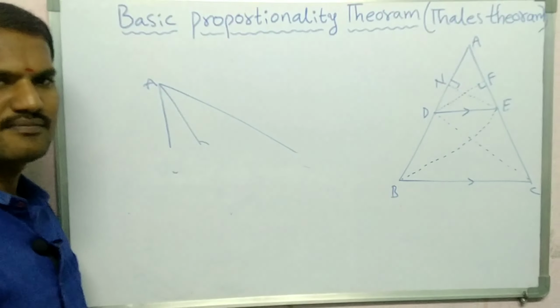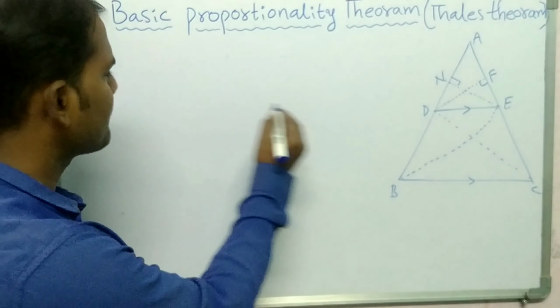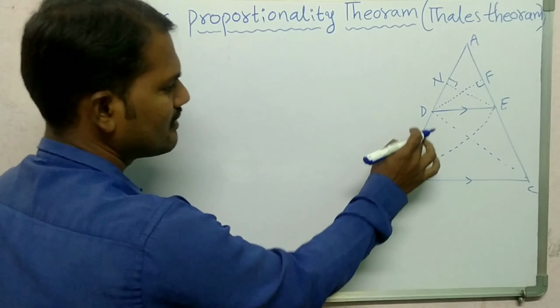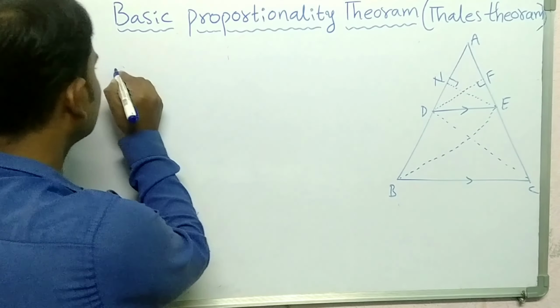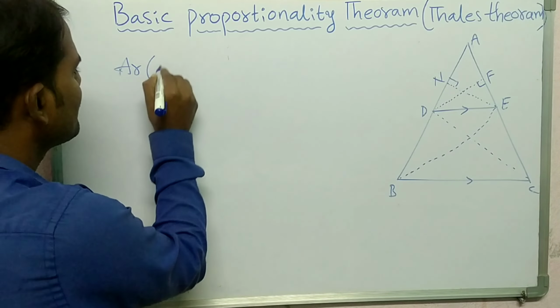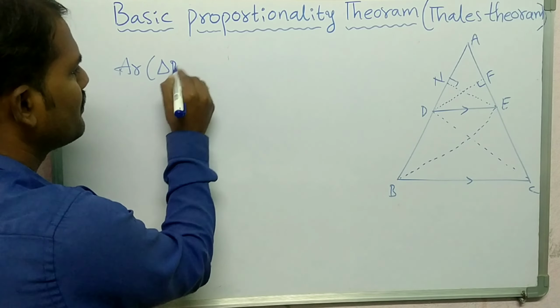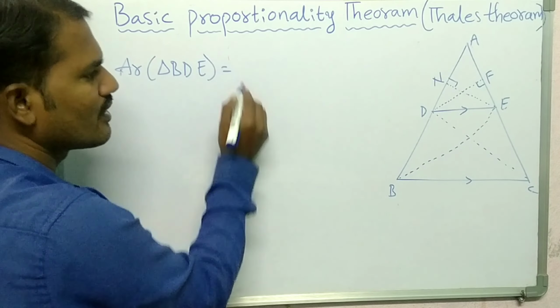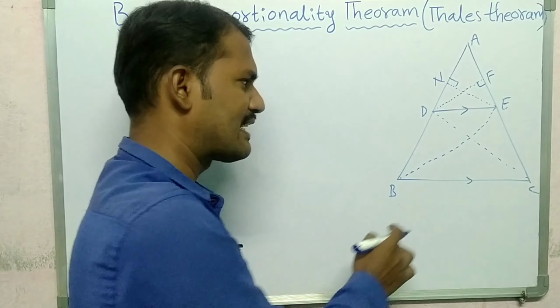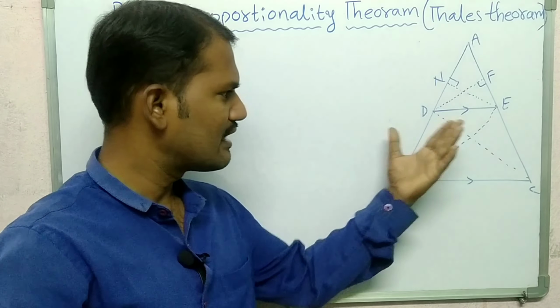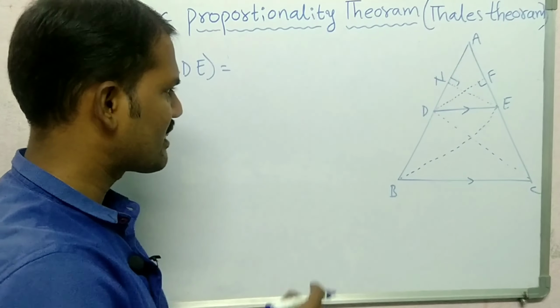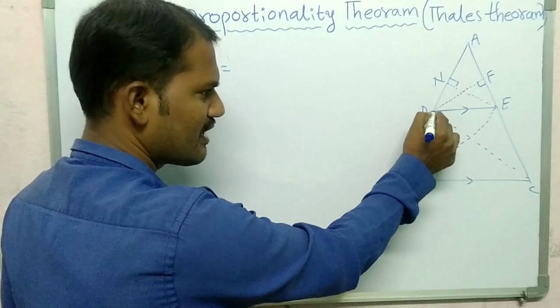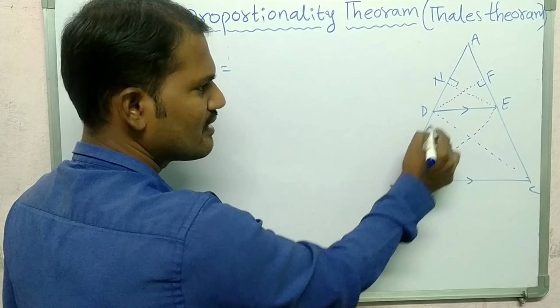Remember this. Okay children, here I am considering triangle BDE. Area of triangle BDE: triangle BDE is an obtuse angle triangle. Here BD is the base.